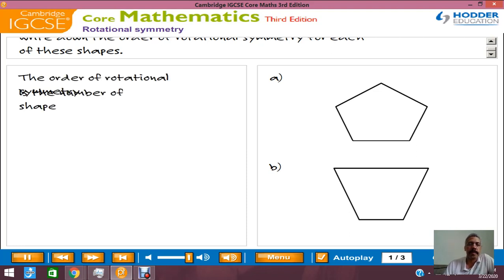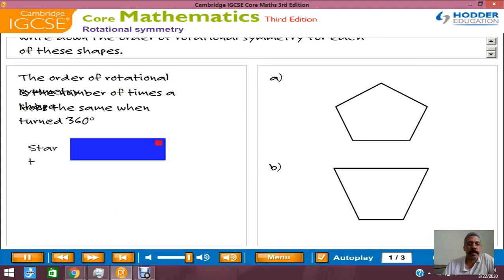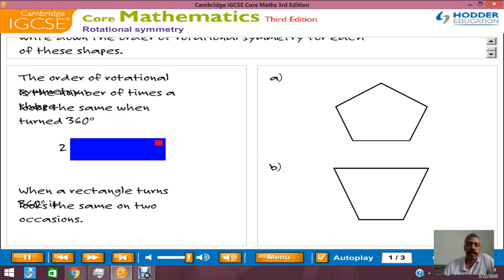To work out the order of rotational symmetry of a shape, you need a piece of tracing paper, or to imagine that you have a piece. Trace the shape, then turn the tracing paper through one complete turn over the original shape, noting how many times the tracing fits exactly onto the original shape.